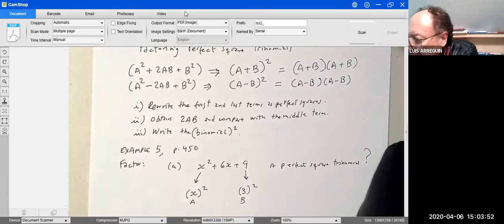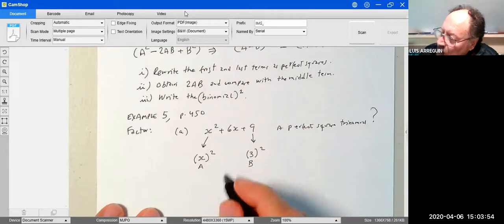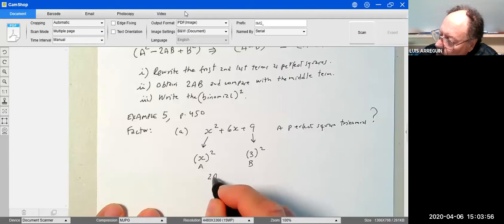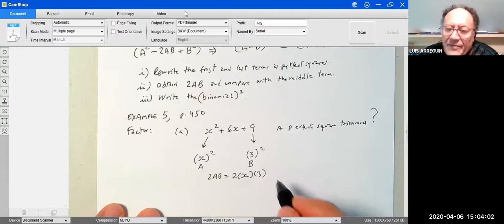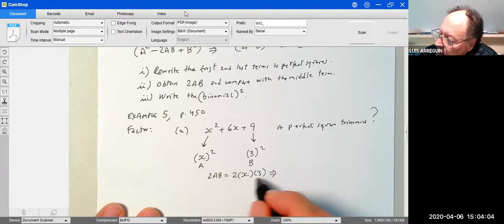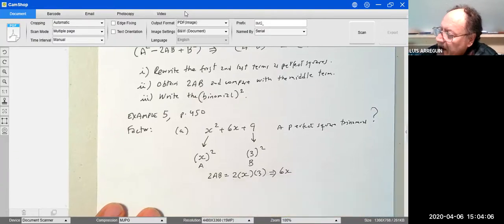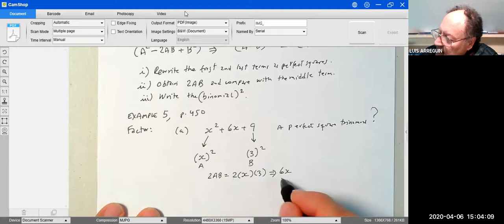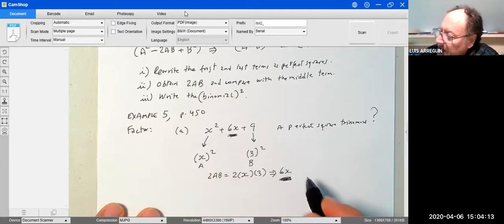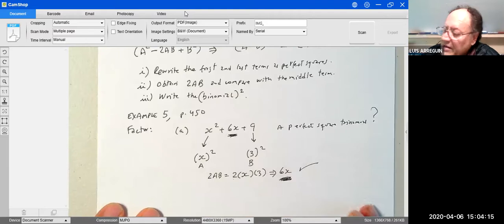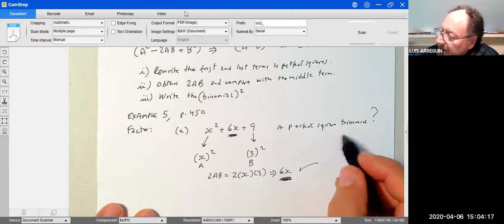Now what is 2ab? 2ab is going to be 2 times x times 3, so you get 6x. You check that this value is the same as your middle term. If they are the same, then this is a perfect square trinomial.